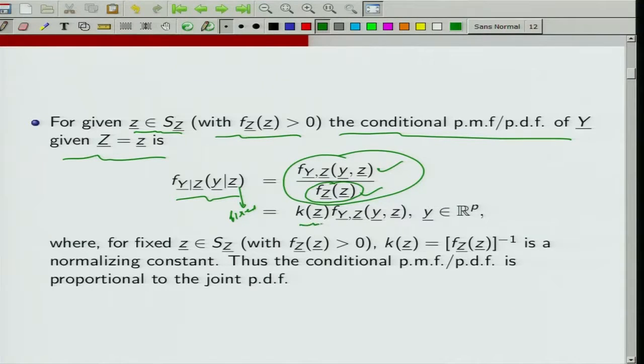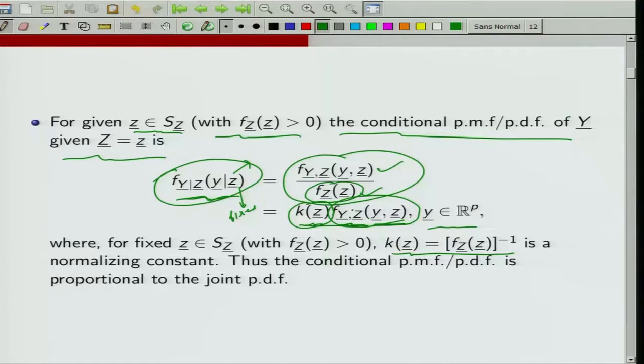So, this is the same as kz times f(y,z) as a function of y belonging to Rp1, because z is fixed, and this kz is nothing but Fz(z) inverse, a normalizing constant. It has to be normalized in such a way that for a fixed z, when you sum or integrate this quantity, the sum or integral turns out to be 1. So, one thing is clear from here: the conditional probability mass function or conditional probability density function is proportional to the joint PMF or PDF, because kz is a fixed quantity, since z is fixed.